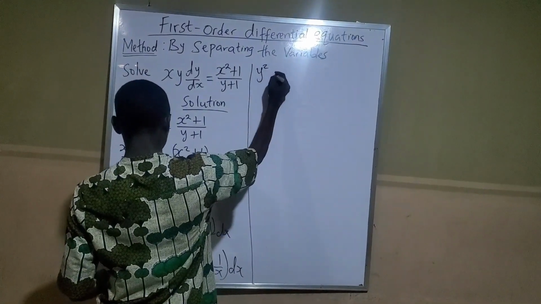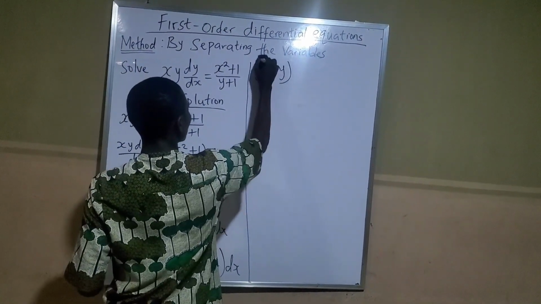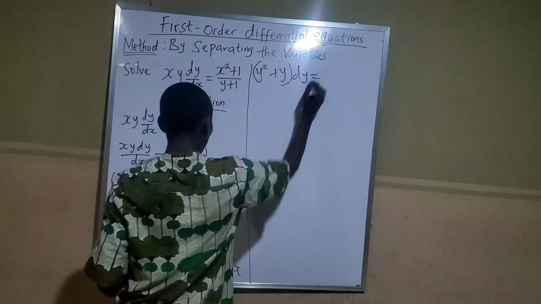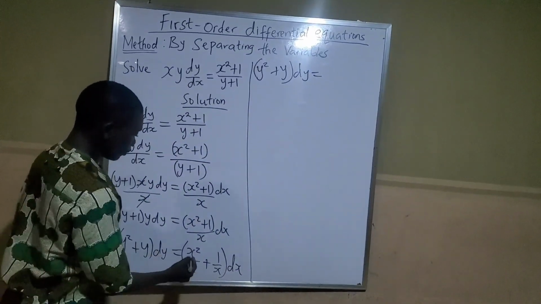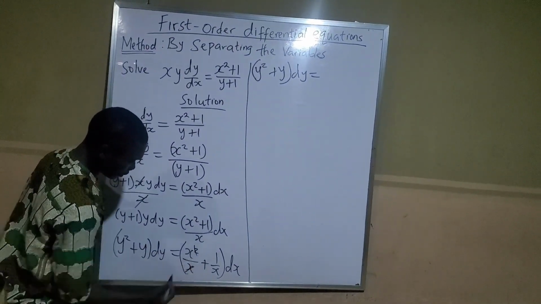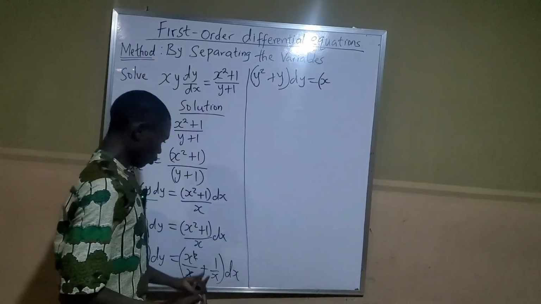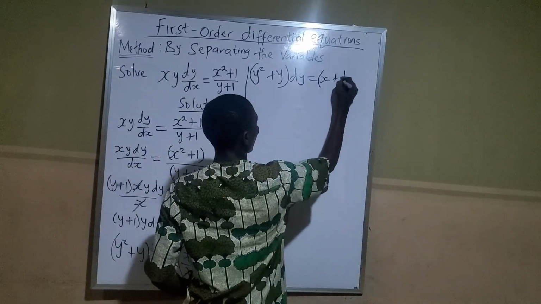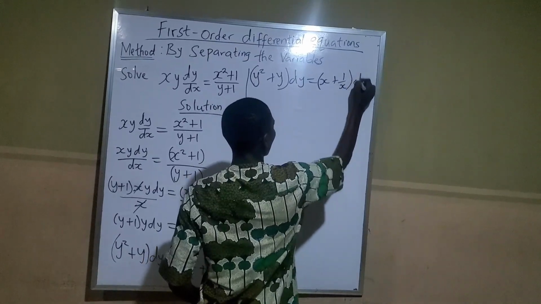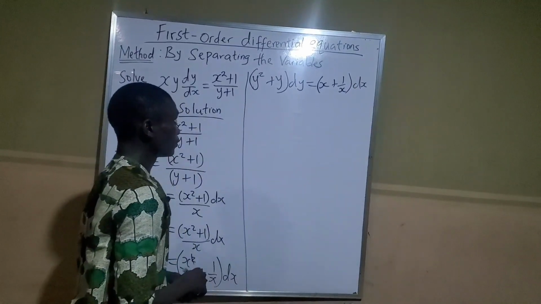y squared plus y, everything into the dy equals to, now if I say x here, 1 x we cancel this, I'll be left with what here? x plus 1 over x, everything into the dx, right?